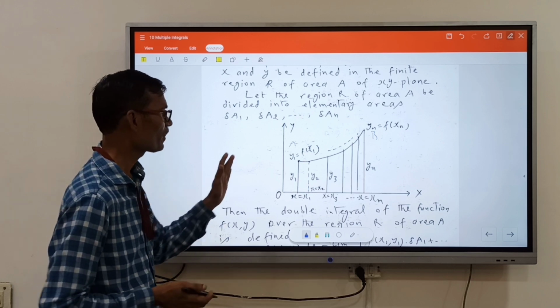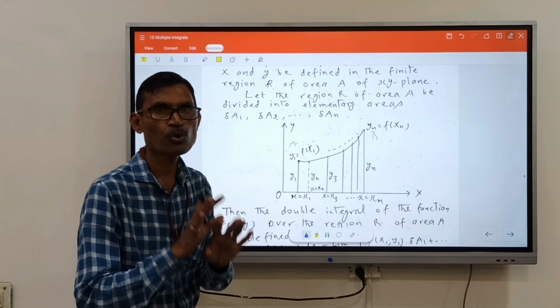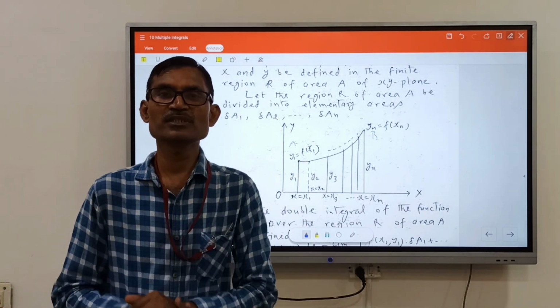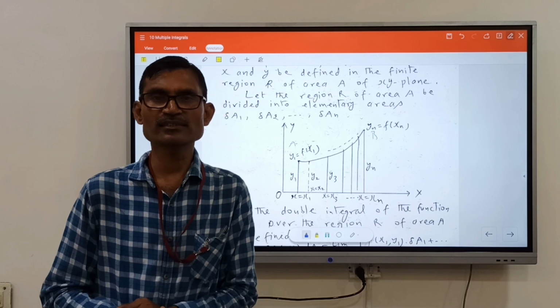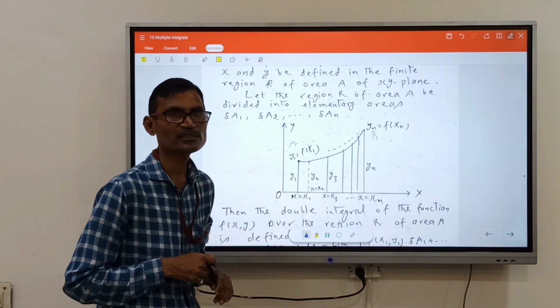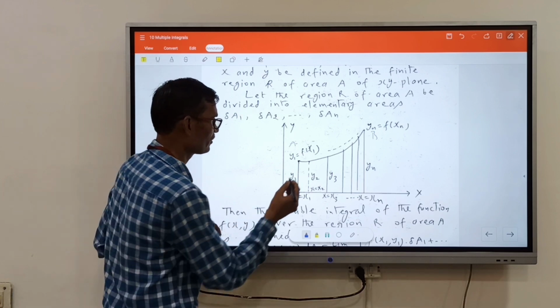If we divide the whole region by drawing some steps parallel to the x-axis and y-axis, then the whole area is subdivided into small rectangles like this one.